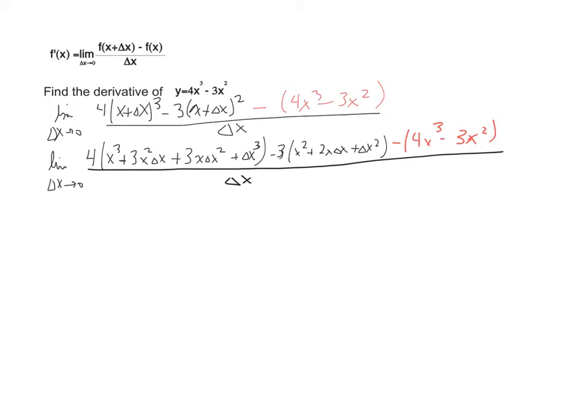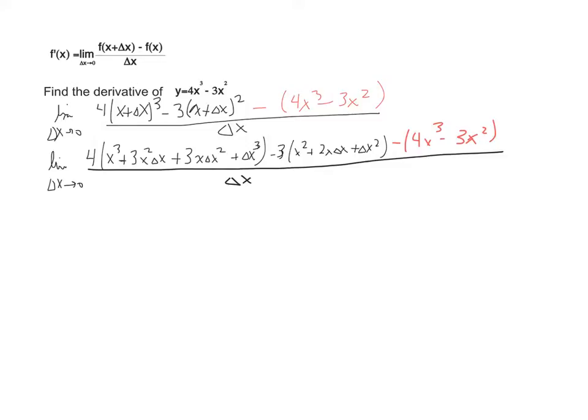So expanding that out should look something like this. 4 times, this here is going to be x cubed plus 3x squared delta x plus 3x delta x squared plus delta x cubed, minus 3 times this binomial again, x squared plus 2x delta x plus delta x squared, minus our f of x all over there.